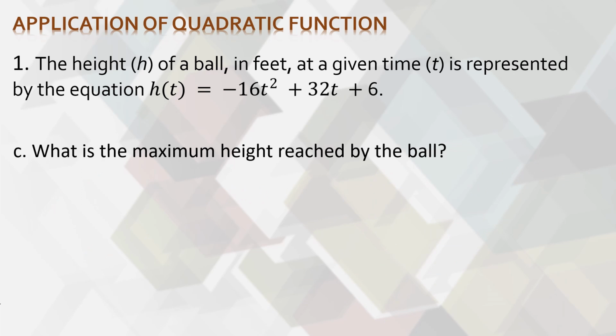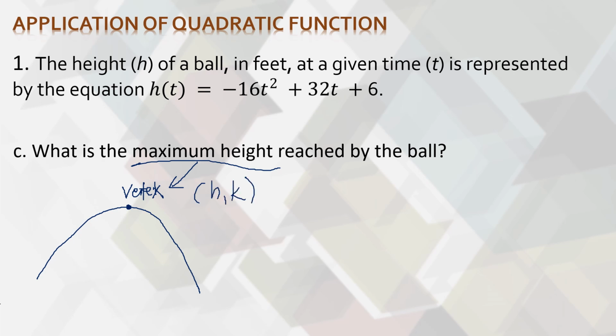One interesting question pagdating sa ganitong mga problem about trajectory is about the maximum height. In physics, when it comes to maximum height, at this particular point, nire-represent ng vertex ang maximum height. Tandaan niyo yan, okay? So, ibig sabihin, if you have the vertex, we're looking for h, k.